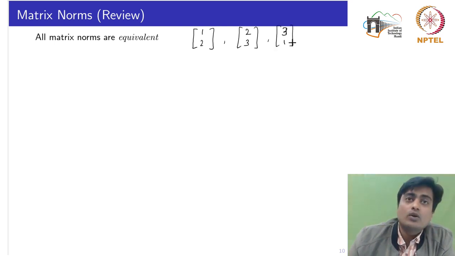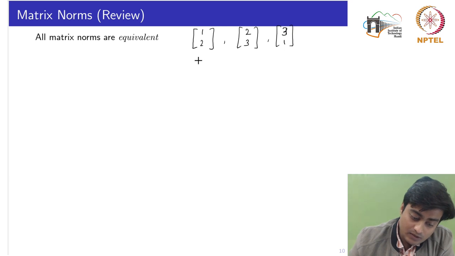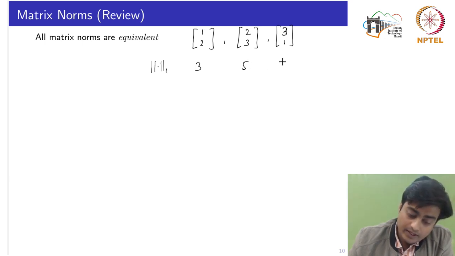Okay, now if I want to compare which vector is of larger size than the others, I compute the one norm, which is the summation of all the elements: basically 3 for the first, 5 for the second, and 4 for the third. If I compute the infinity norm, it would be the maximum element: 2, 3 and 3.